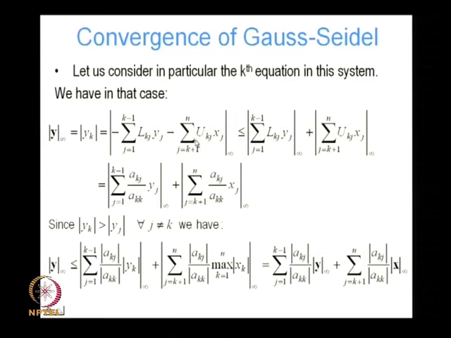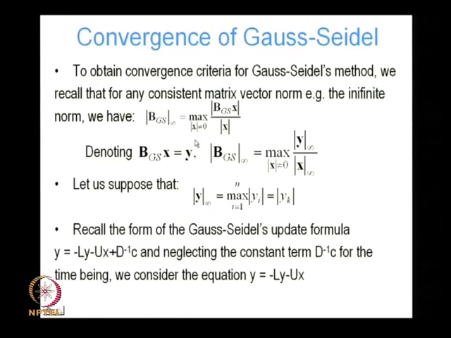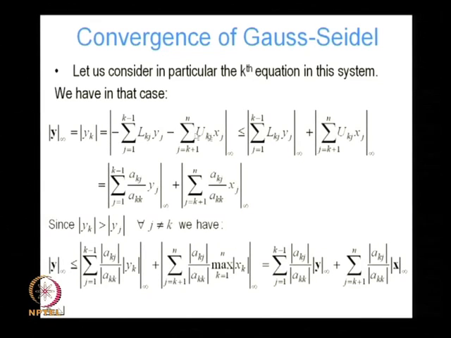So, we can write that like that, just taking the norm on both sides, and this is going to be less than this plus this. Again, this minus this is going to be less than the absolute norm of this plus the norm of this. Recall we have done this before, and this Lkj we can write as Akj by Akk by definition, because the lower triangular matrix is just the original matrix scaled by D inverse.